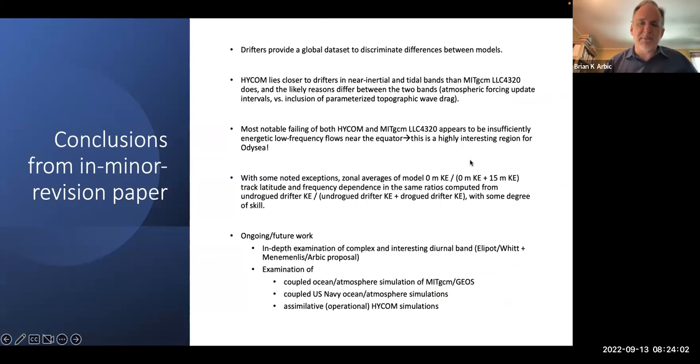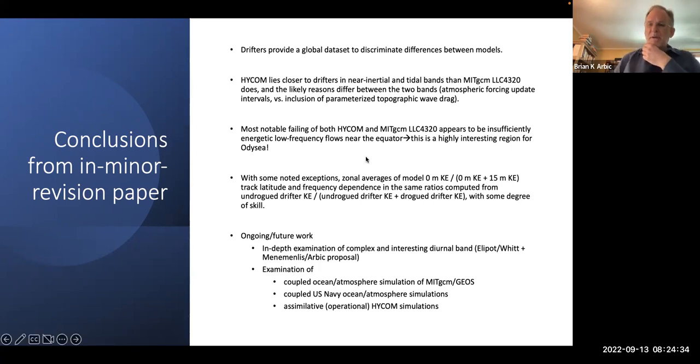So the conclusions from this minor revision paper are that drifters are a great data set to discriminate differences between models. HYCOM lies closer to the drifters in near-inertial and tidal bands than MIT does, for different reasons: atmospheric forcing updates for the near-inertial band and wave drag for tides. The diurnal band is super interesting, and we have a proposal by Shen, Elipo and Dan Witt to study that, with me and Dimitri as unpaid older folks providing model results.